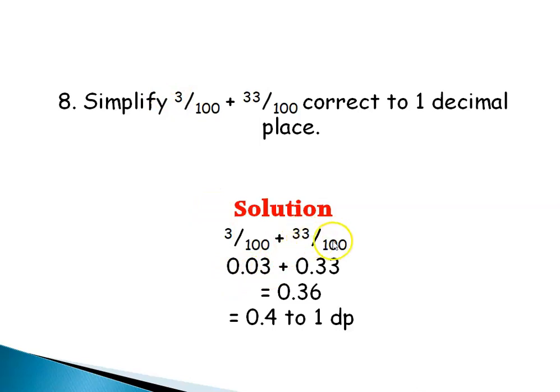And then 33 divided by 100, the same thing, I'll move it 2 places, 1, 2, and that will give me 0.33. And then I'll add these two together. This will give me 0.36. But remember, the question says to 1 decimal place. So this is the 1 decimal place, and because the number after it is 6, I'll add 1 to this, and that will give me 0.4 to 1 decimal place. Is that taken? Very good.